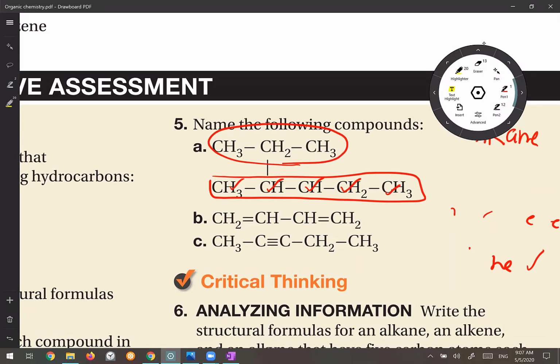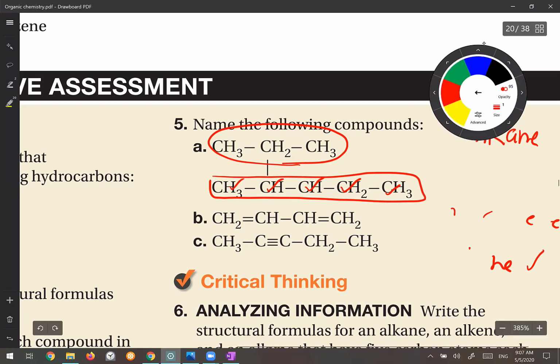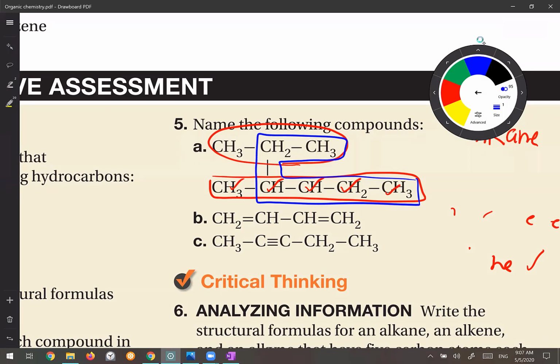Since you have a longer chain of the hydrocarbon here. So look at this one. If I choose this one to be parent, it is actually the longest hydrocarbon chain that I can have here. It's not written straight, but no matter. The carbons must only be connected to each other to be considered as a parent.